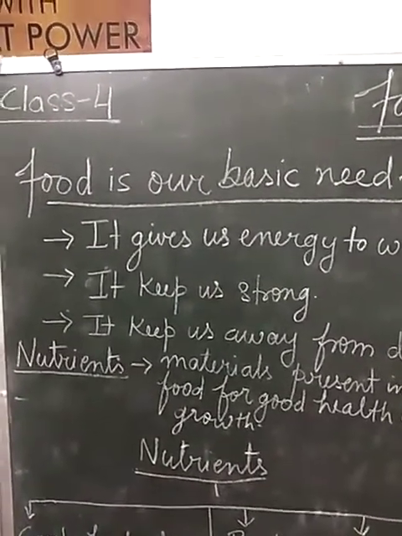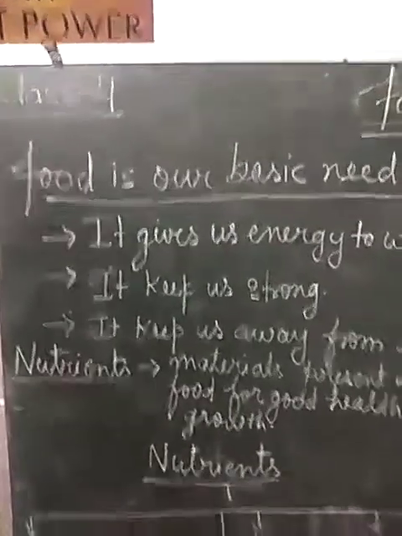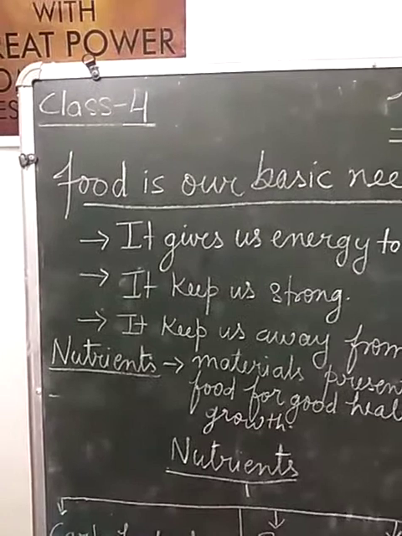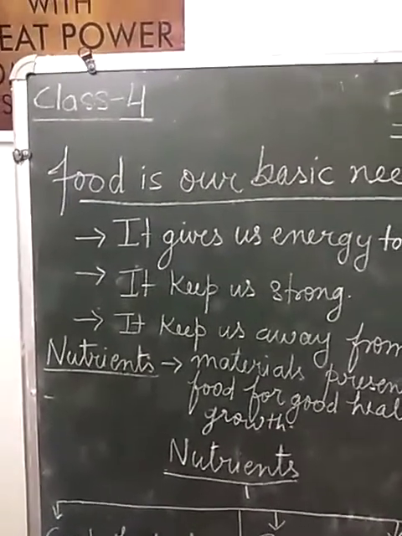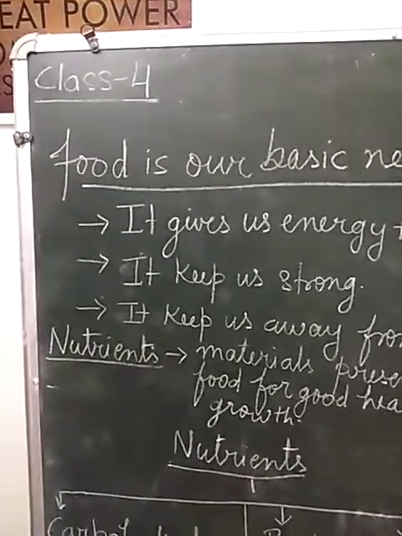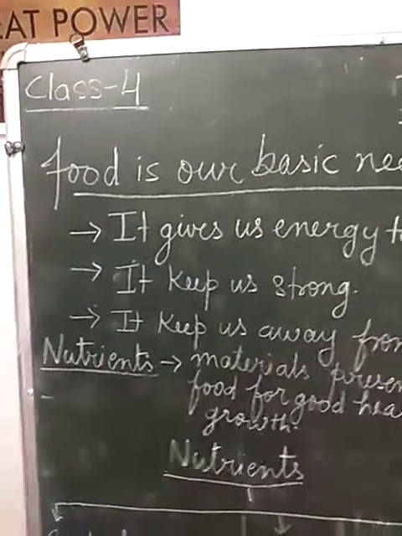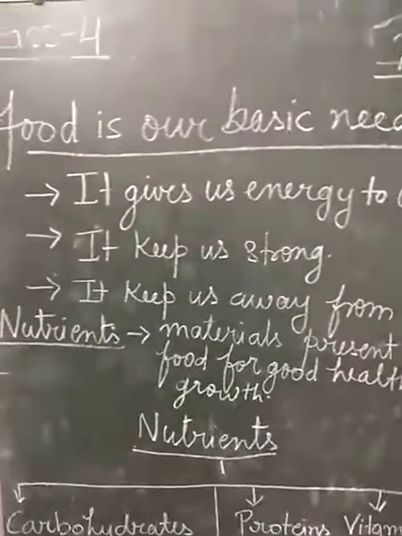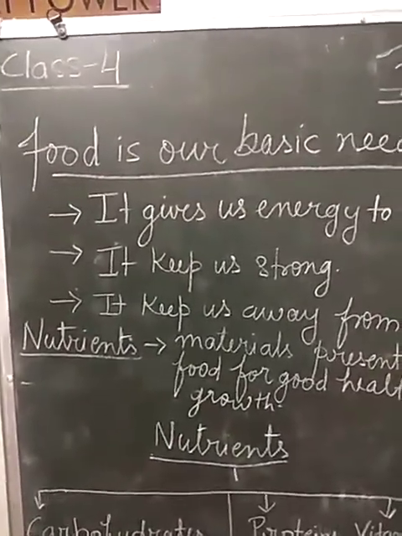Why is food important for us? We have discussed that it gives us energy to work, it keeps us strong, and it keeps us away from diseases. How they do these works, we will discuss in this chapter.